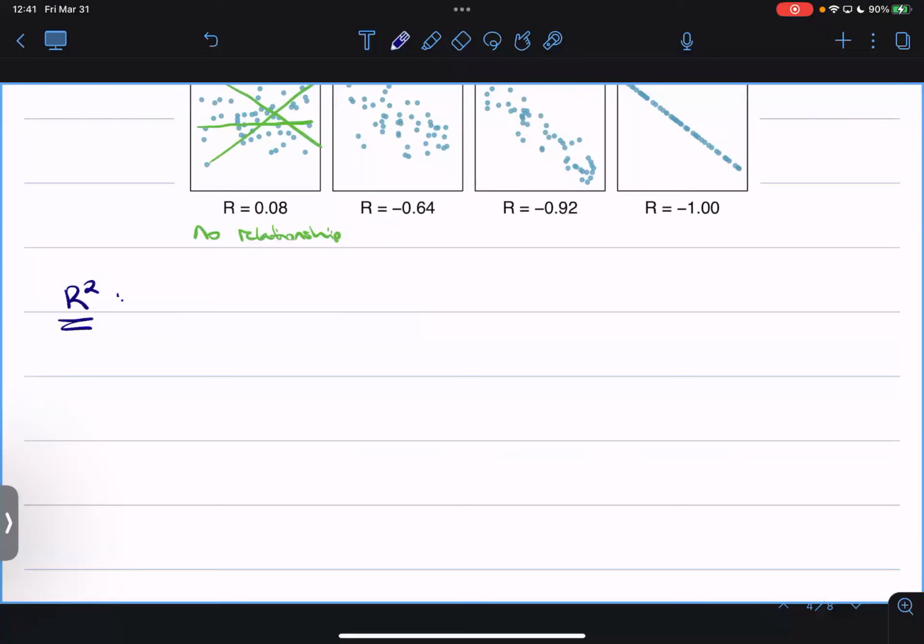R squared is a goodness of fit measure. We've heard goodness of fit before in the chi-squared scenario, okay? But R squared specifically tells us how good the model is at modeling the data, just in general.